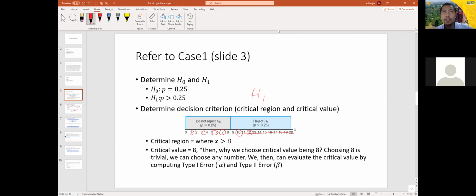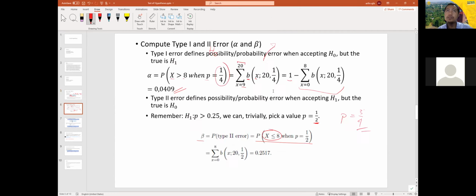So that's why we compute the error. This is the error, the probability of x less than or equal to 8, in this area, with 50%. Okay, back to this one.